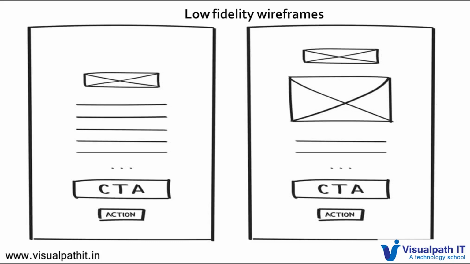While low fidelity wireframes are usually abstract, they offer a chance to see the basic structure of the user interface. They may not take a lot of effort, but they spare a lot of effort down the road. They help businesses shape their product in the early stage of collaboration with the development team.